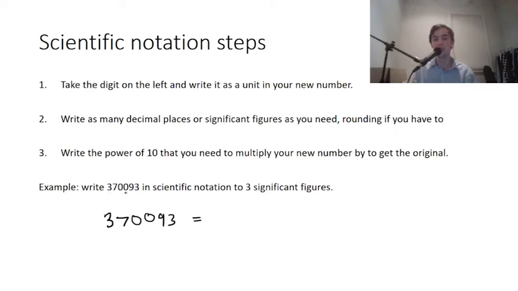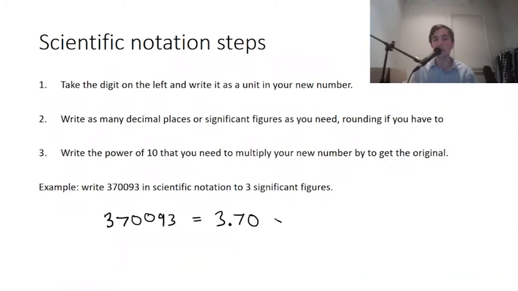So the digit on the left is 3, and that's the unit. Then we've got a decimal point. And now we have to write as many decimal places or significant figures as we need. So we need 3 significant figures. That will be the 3, the 7, and the 0. We don't need to do any rounding because the next number is 0. Or you could say that we rounded down.